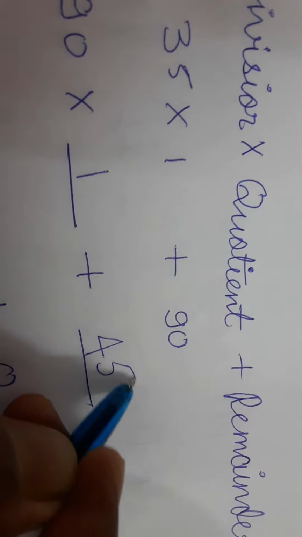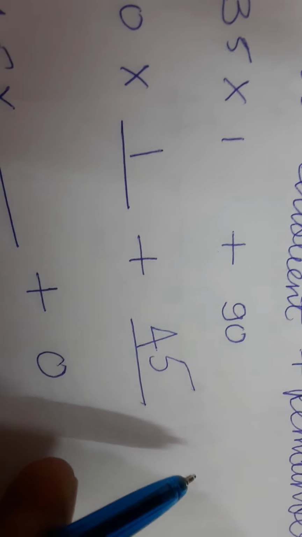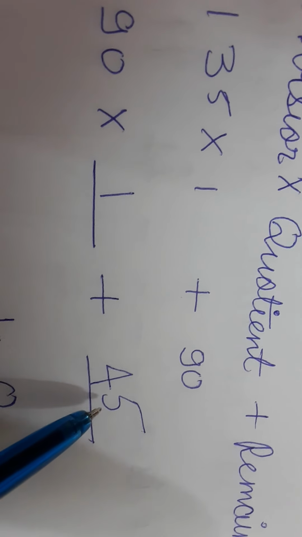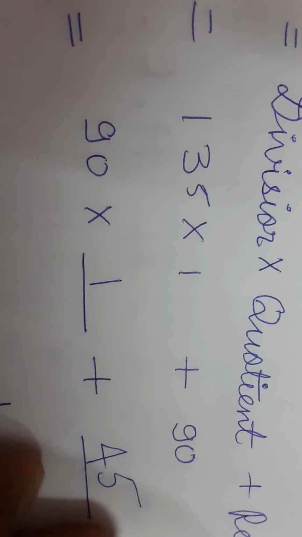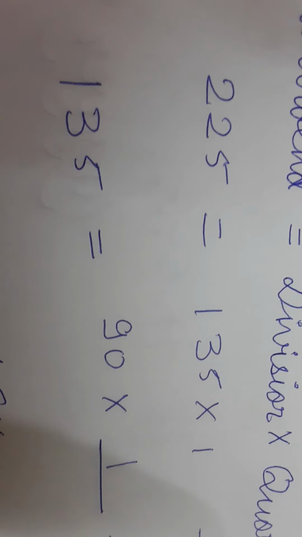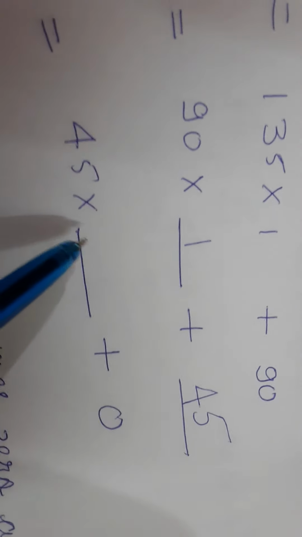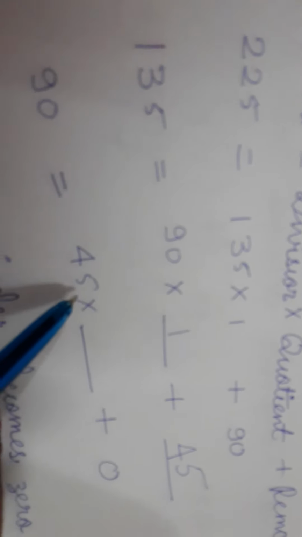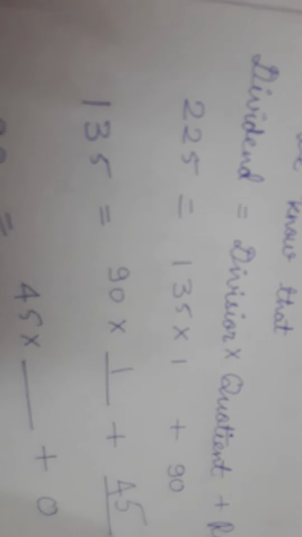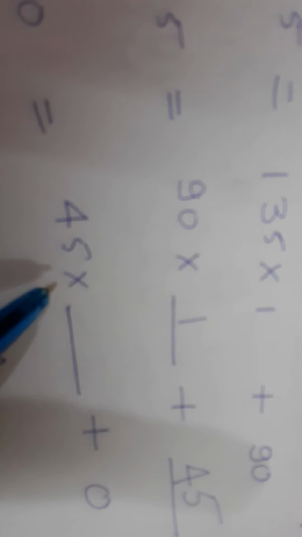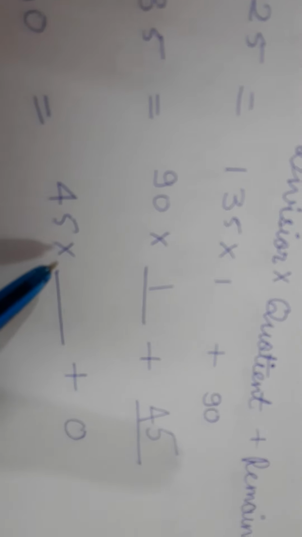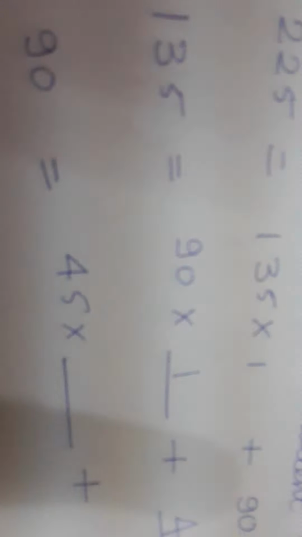Now the same thing we repeat, because until now we did not receive remainder 0. So now divisor becomes dividend and remainder becomes divisor. Here 90 is dividend and 45 is divisor.